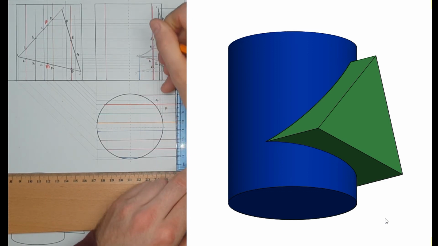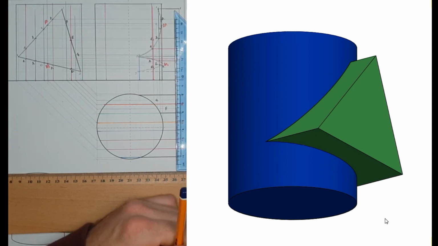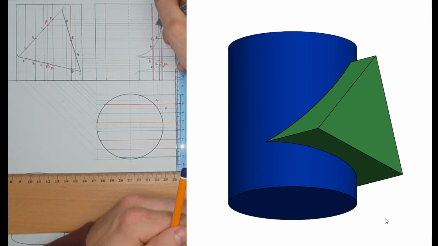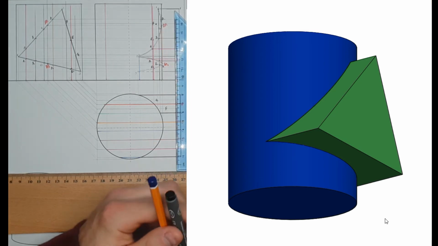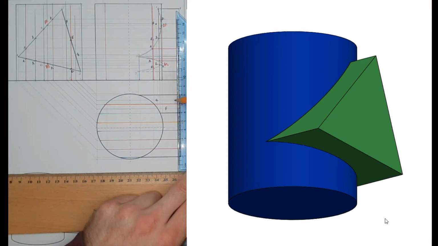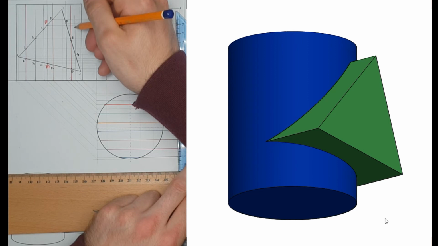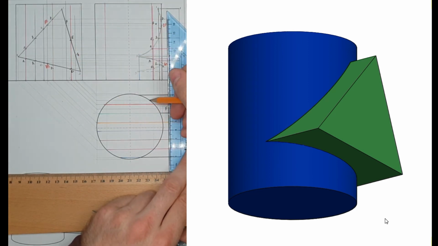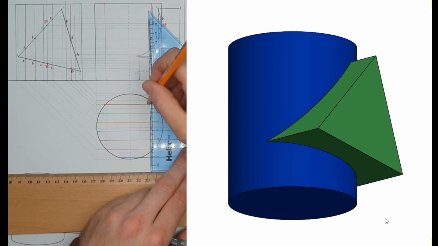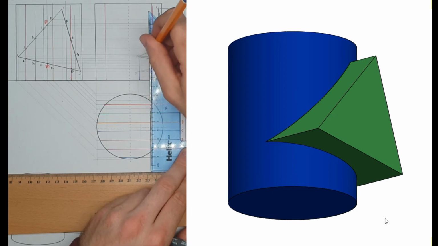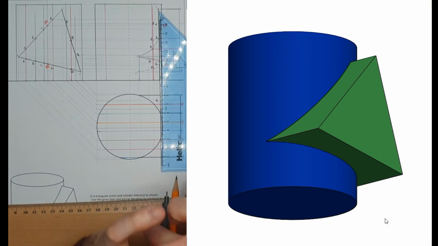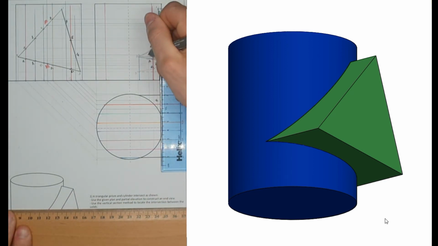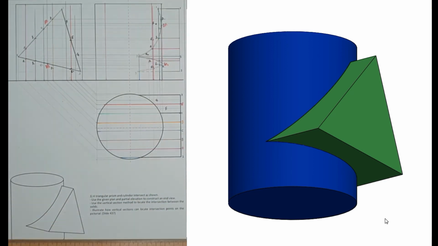And where F crosses F, we get one point in our section. And finally, where G, that vertical plane that cuts the triangular prism at point G, also cuts the cylinder right here. Right there is point G.